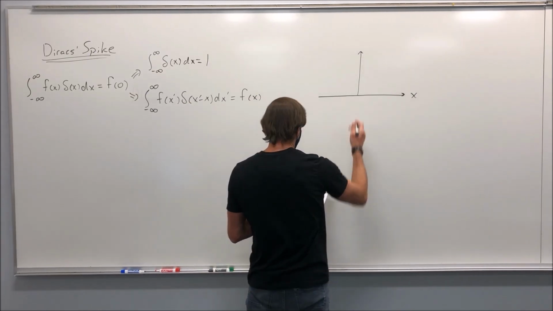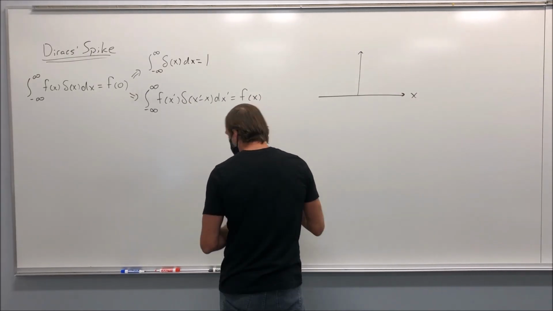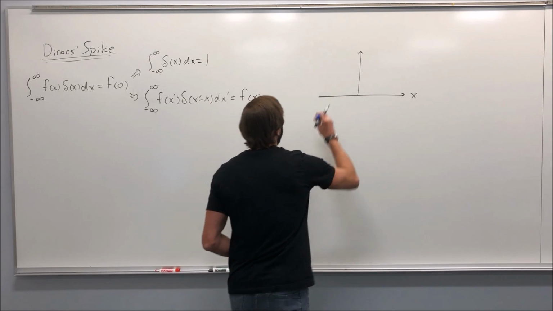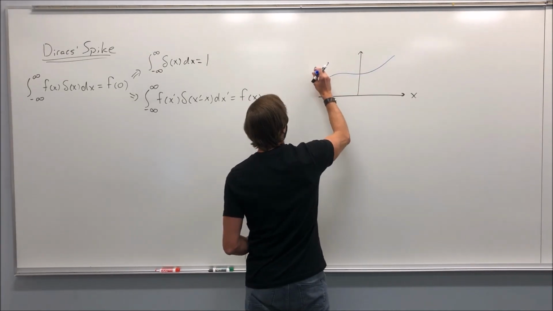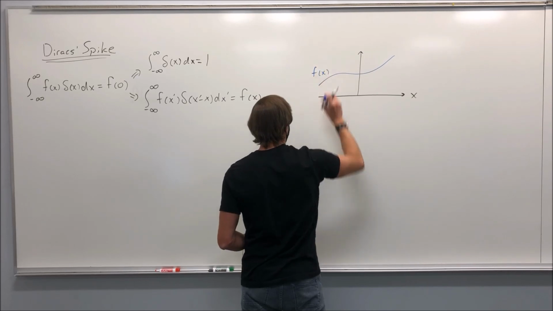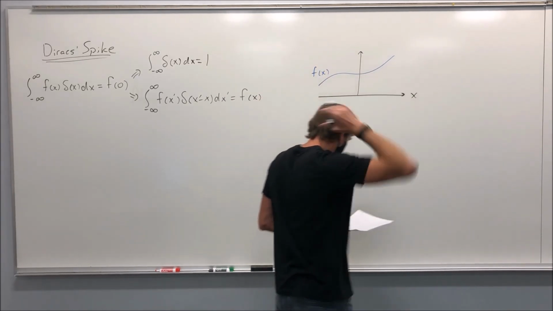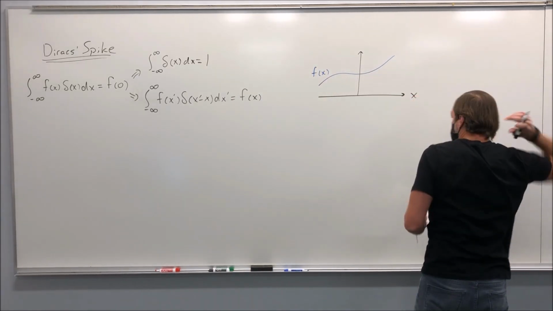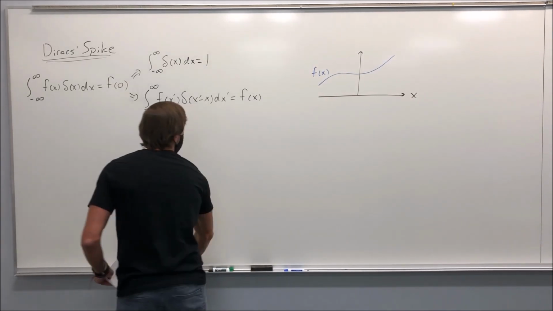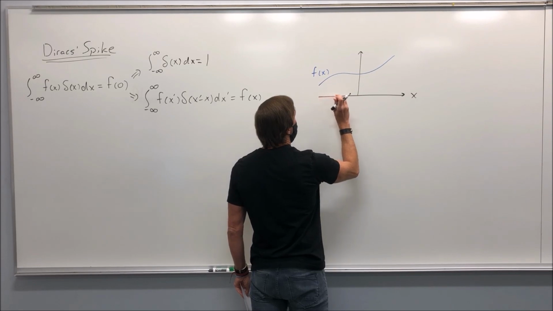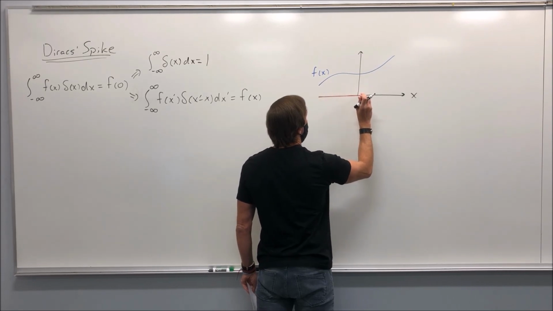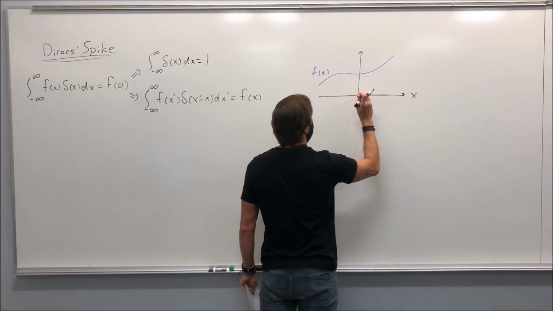This is x equals 0. And you can imagine that if the function f was something like that, then what we want is for the Dirac delta function to be 0 everywhere except at x equals 0.